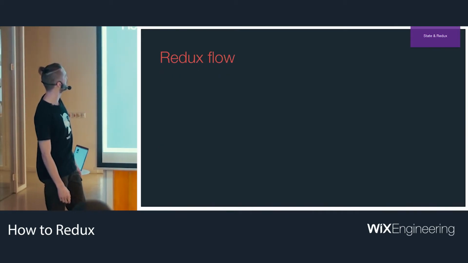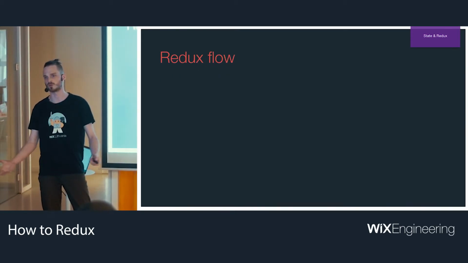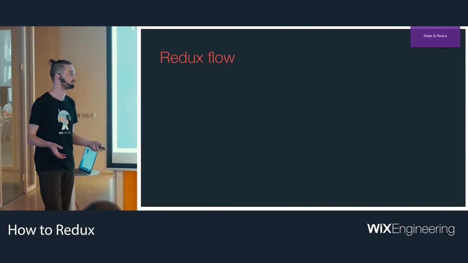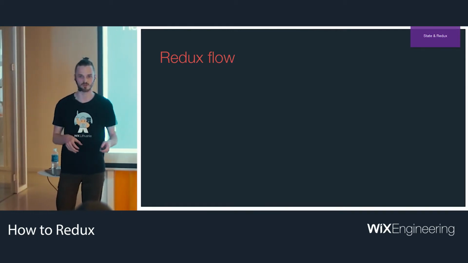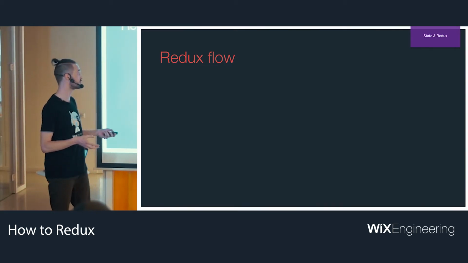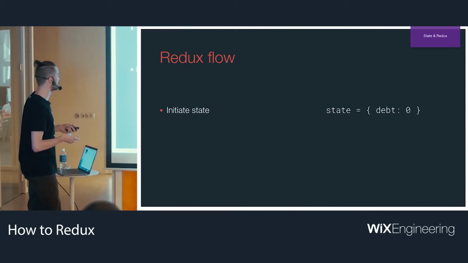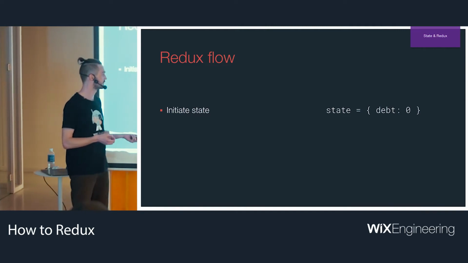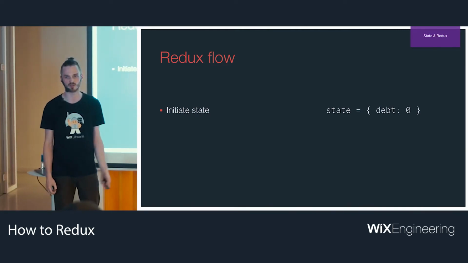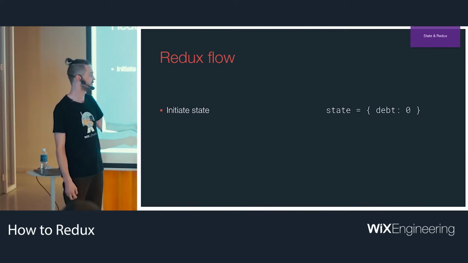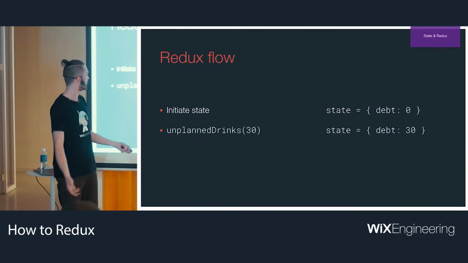So let's see what the usual Redux flow is, or at least what is the expected Redux flow when you think that you have some tool to allow you to just adjust the object. I think it should be kind of straightforward. You start with something. In my case, I start with just an object with one property, and I have debt 0, which is great.